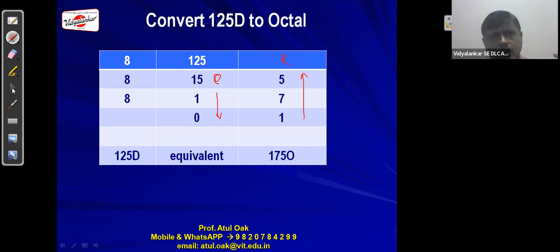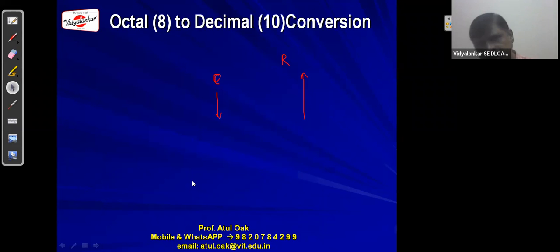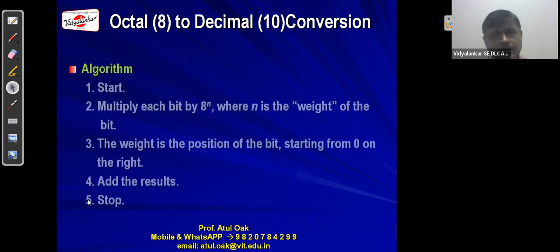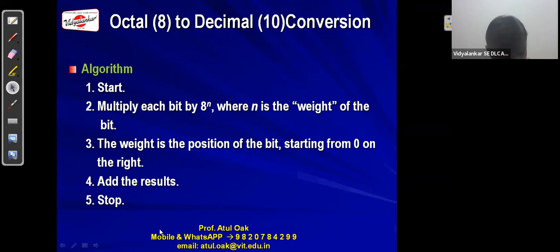Okay, let me go ahead with the opposite, converting octal to decimal. Have a look at how to convert octal into decimal, and for that, this is the algorithm. Again, if you are with me, you will find it is a copy paste of binary to decimal, with only one difference.